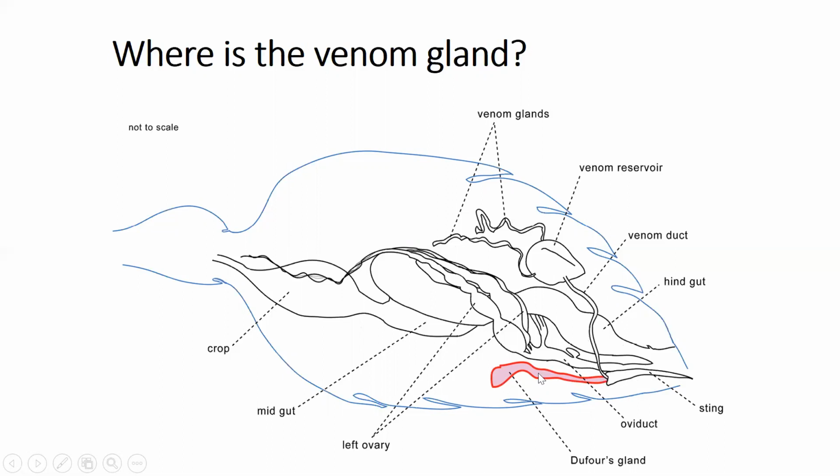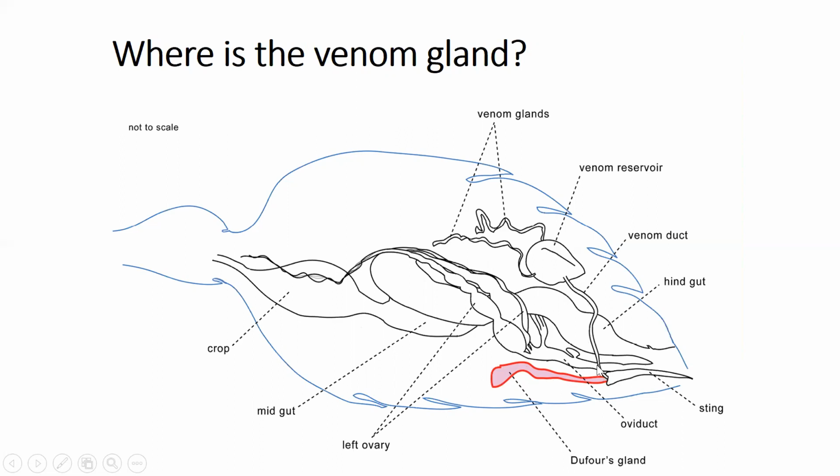And I'm sorry, this is not the venom gland. This is again a type of venom, but the name of the gland is Dufour's gland. Dufour's gland is associated with this venom reservoir and venom gland, right? So this is secreted together with this one. So Dufour's gland also secretes venom, but this may be present in some ants and might not be present in others.